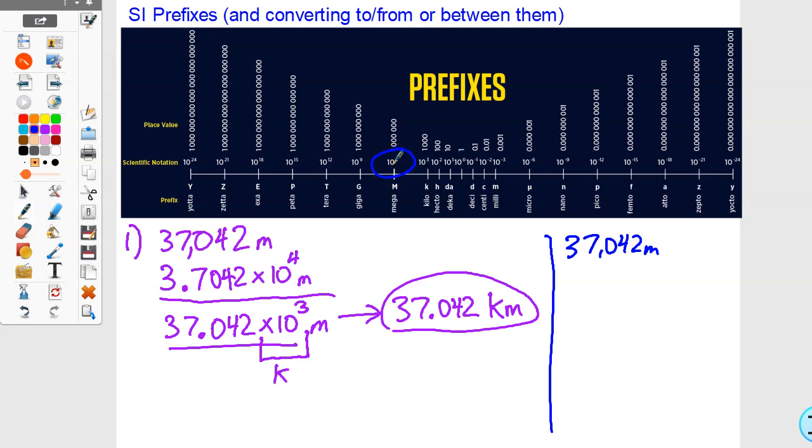So if I started moving the decimal over 1, 2, 3, 4, and I want to end up with a number that's something times 10 to the 6, I have to move the decimal place 6 times. So 1, 2, 3, 4, 5, 6. Put the decimal, there needs to be a 0 there. So this would really be 0.037042.